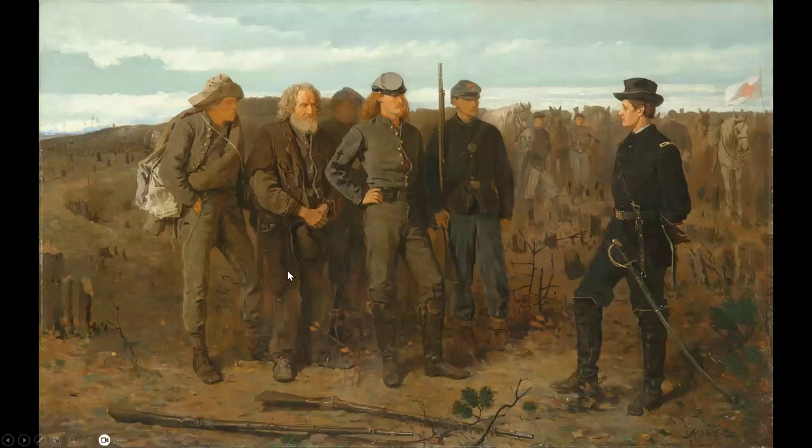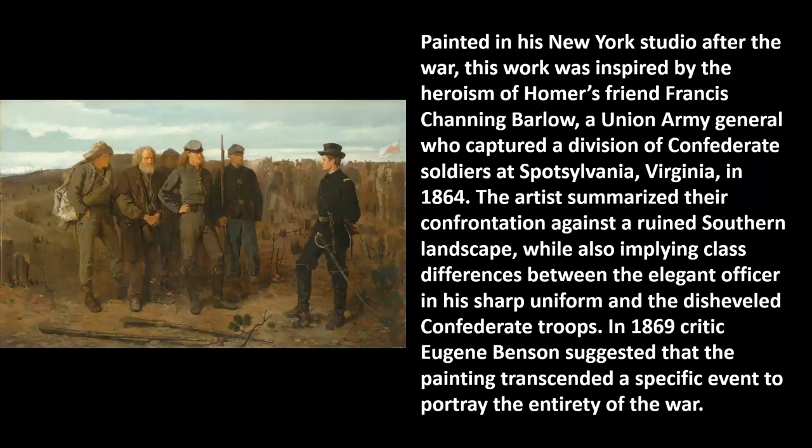We don't know the identity of most of these people. We do know the identity of this gentleman. He was actually a friend of Winslow Homer's. We'll talk about that in just a moment. Painted in his New York studio after the war, this work was inspired by the heroism of Homer's friend, Francis Channing Barlow, a Union Army general who captured a division of Confederate soldiers at Spotsylvania, Virginia in 1864.